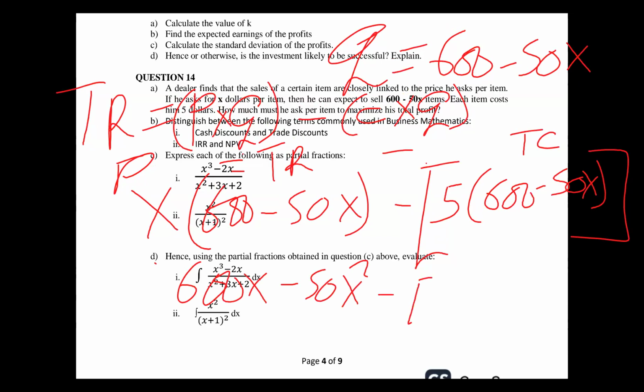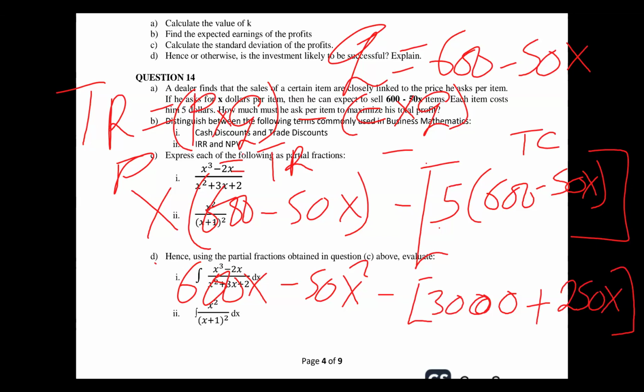What is 5 times 600? It should be 3,000, yeah? Yes, 3,000. Plus 5 times 50x. 5 times 50 should be 250, yes, 250x.